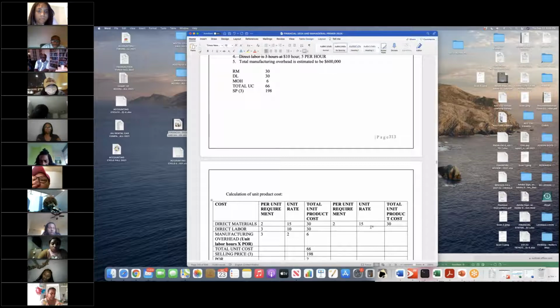Well, no, the labor rate is still $10. No, the 5 hours, right? Times the 10 would be 50. It's going to be 50 now, right? Yes. The per unit requirement is 5.